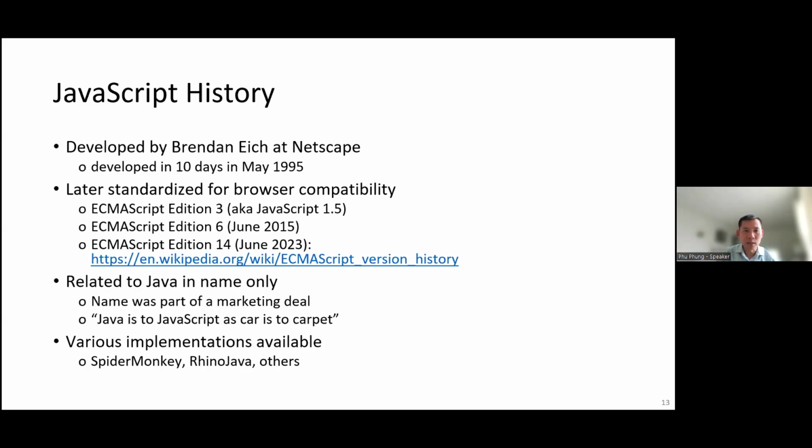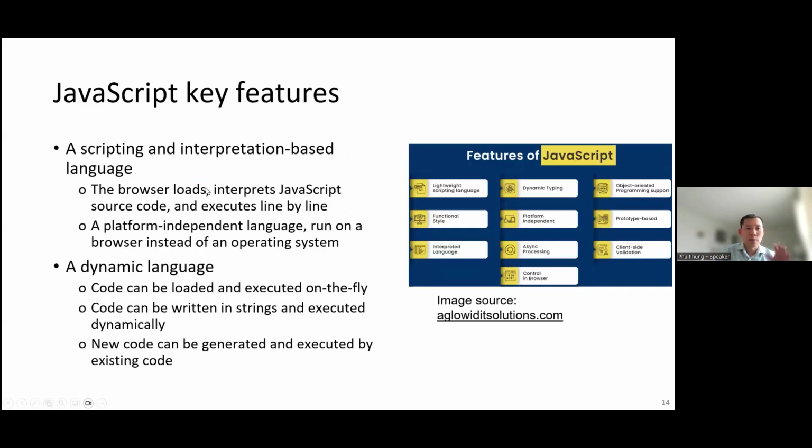So for this, I would like to highlight some of the key features of JavaScript, if you are not familiar with it. JavaScript is very different from other programming languages in that it is interpreted.